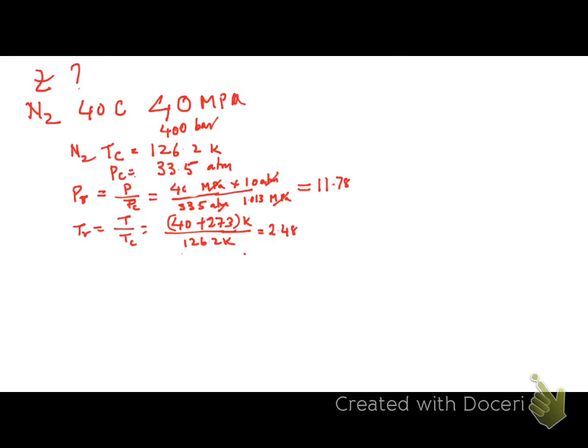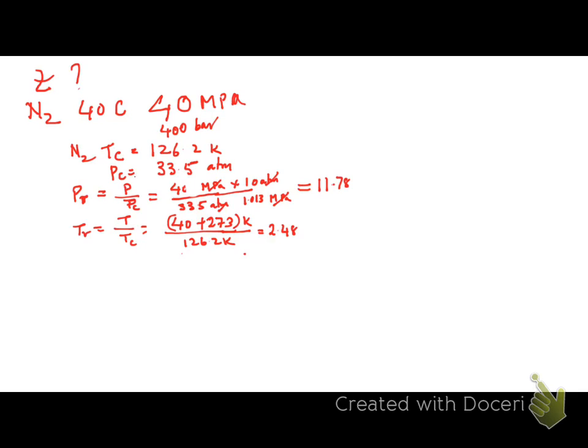There you go. Compressibility charts at high pressure and medium pressures. There are two, 5.43 and 5.44.